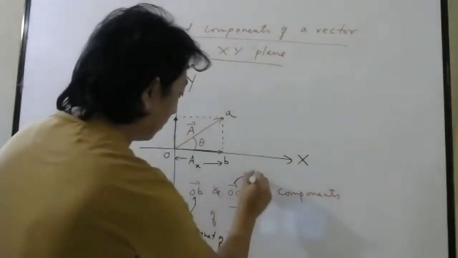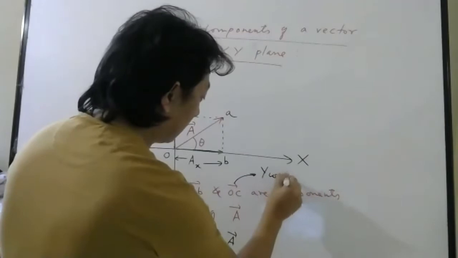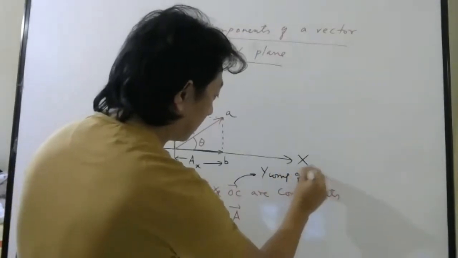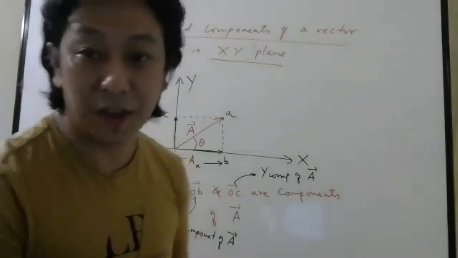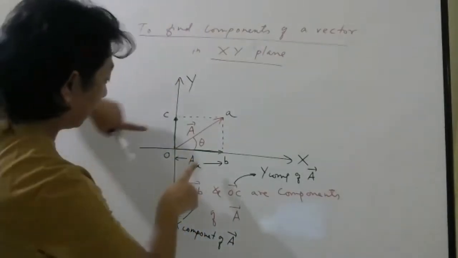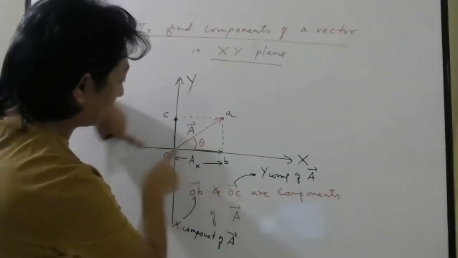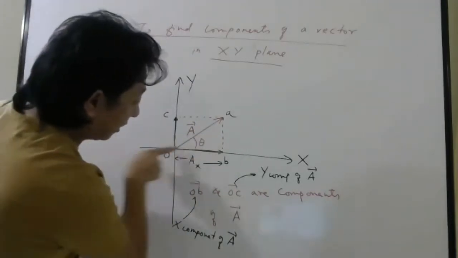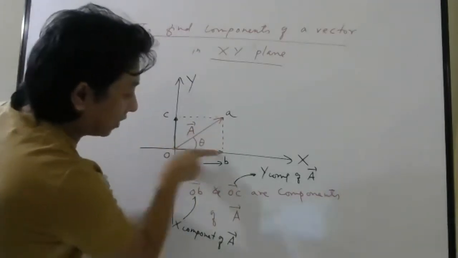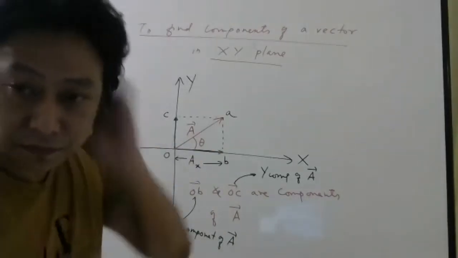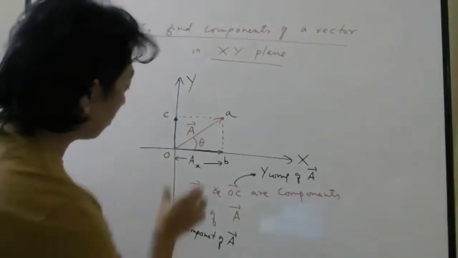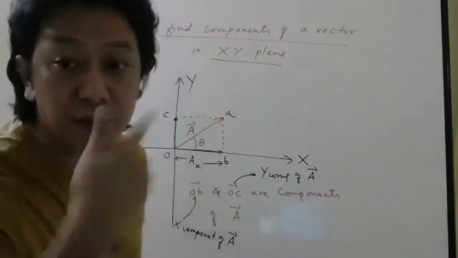And this vector we call the y component of a bar. And I hope you understand why we are calling it the x component of a bar. Because I told you first, these two are components of a bar. Now this component is along which axis? X axis.